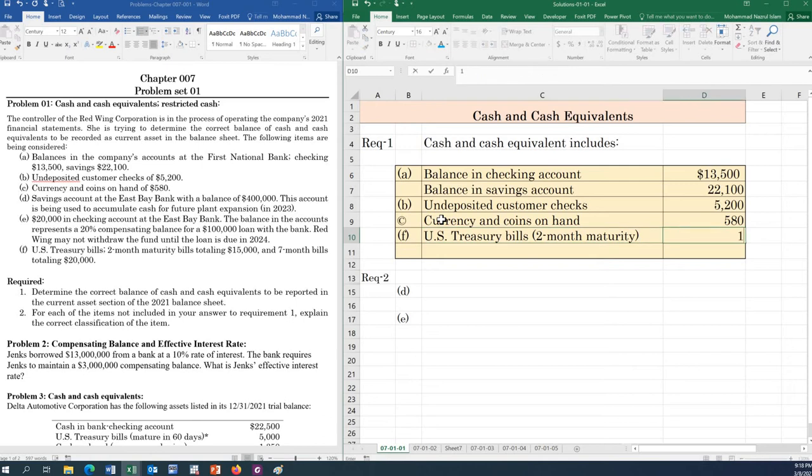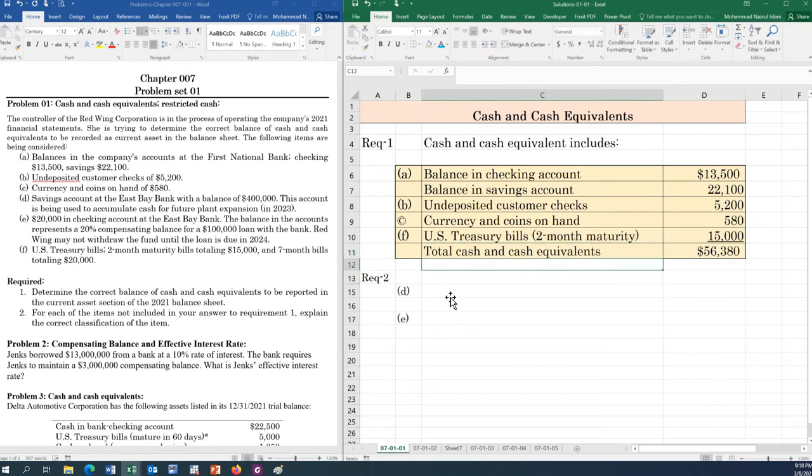So the 2-month maturity is 15,000. Now I'm going to underline and just use the auto sum. 56,380. So this is our total cash and cash equivalents.